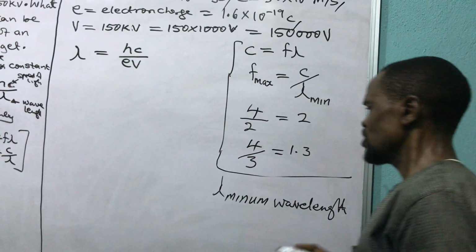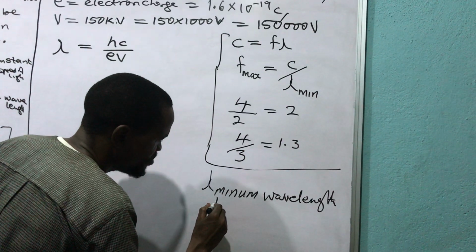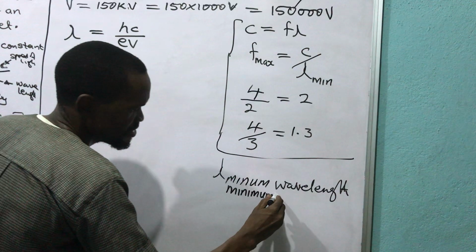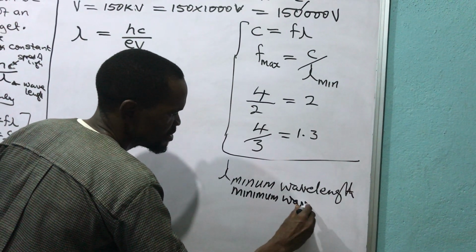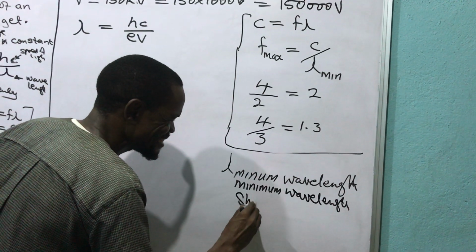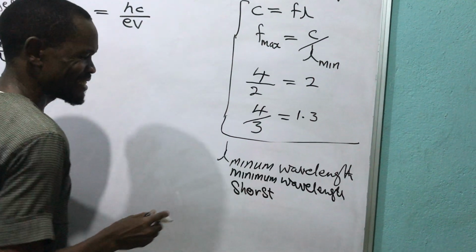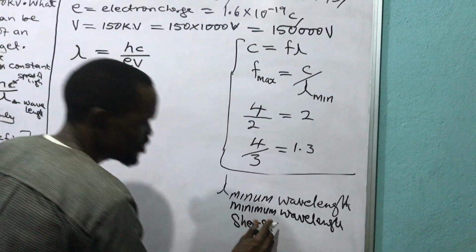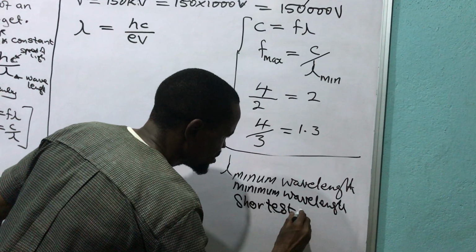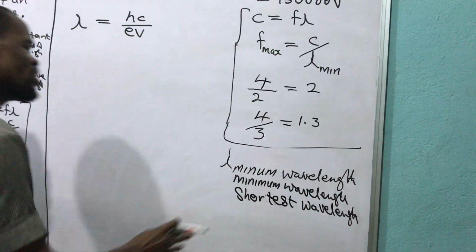Minimum wavelength, which we also call shortest wavelength.